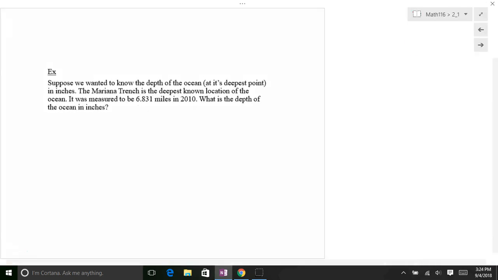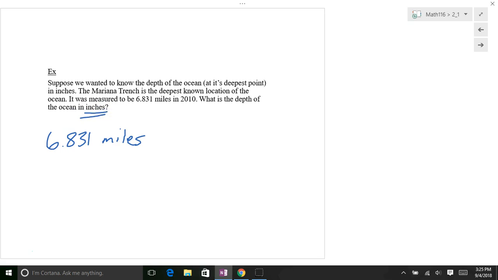Let's say we wanted to know the depth of the ocean at its deepest point in inches. Mariana Trench is the deepest location of the ocean. It is measured to be 6.831 miles. What's the depth of the ocean in inches? So we start out with 6.831 miles to the bottom of the ocean, the deepest point. Now we're trying to go to inches, right?